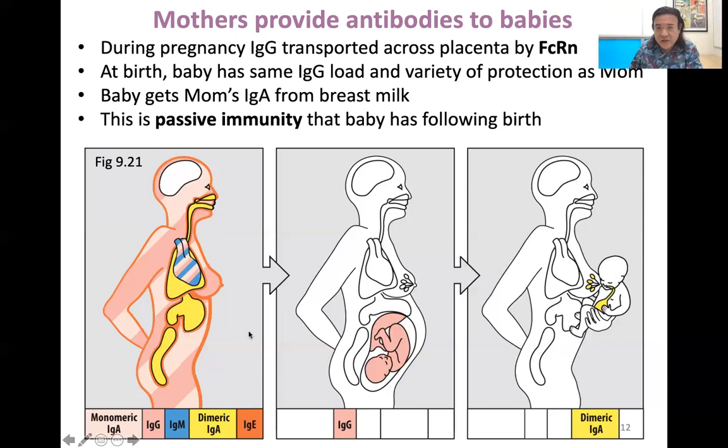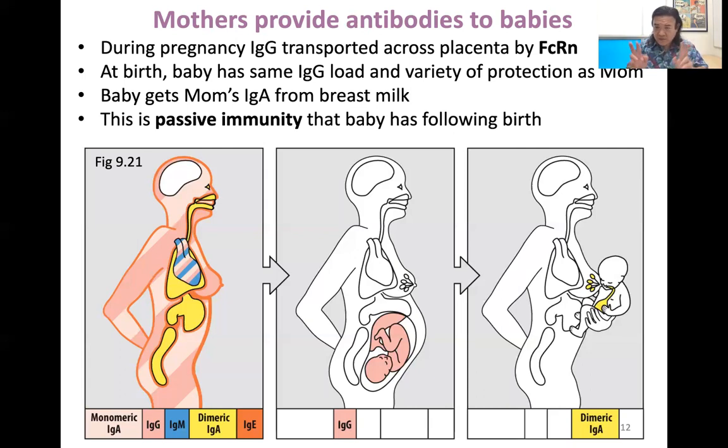So during pregnancy, IgGs are transported across the placental barrier that separates mom's body from baby's body by the use of the placental cells having Fc receptors on their surface that can bind to IgGs flowing by as part of mom's blood, and actually transport them through the placental layer into baby's body.